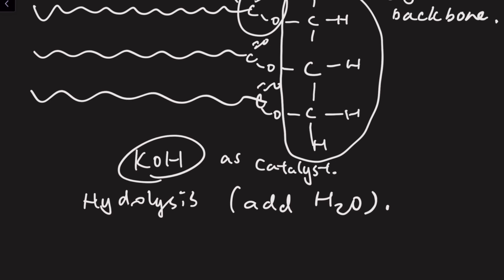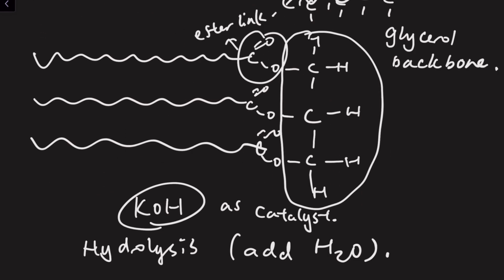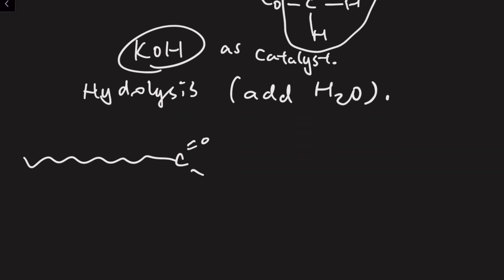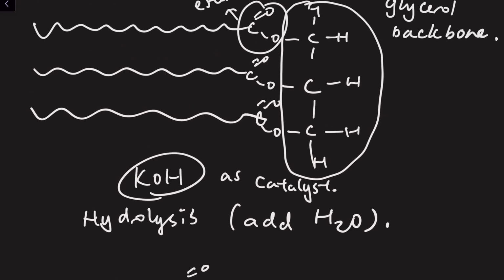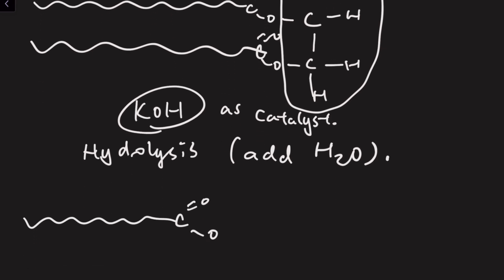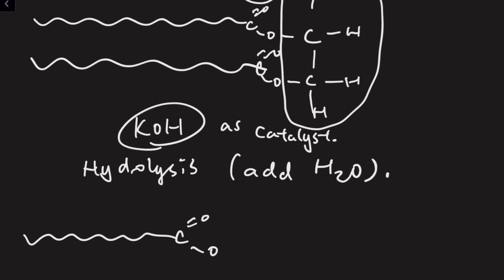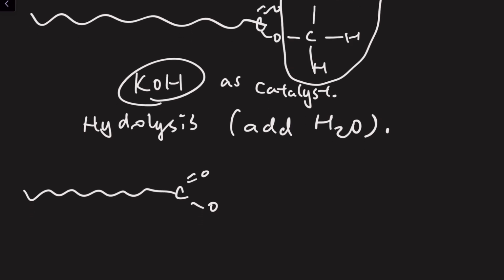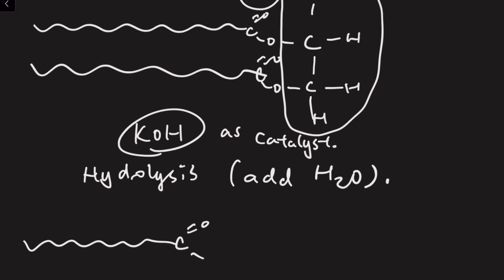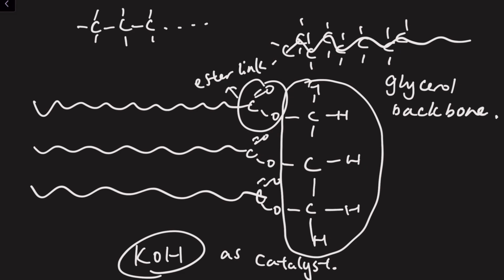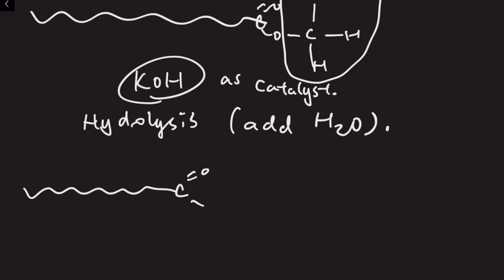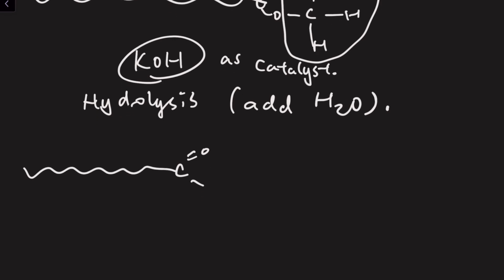So I will only draw one of the fatty acids. So before it looks like COO here. But this is not what actually happens. So the O part actually belongs to the glycerol backbone. We only have the CO here. And we know that we need to add H2O.